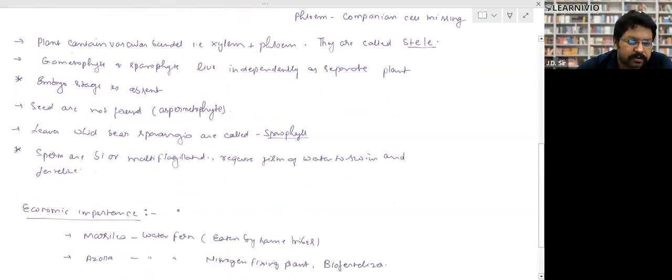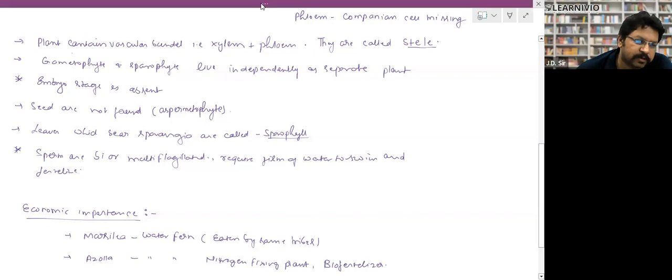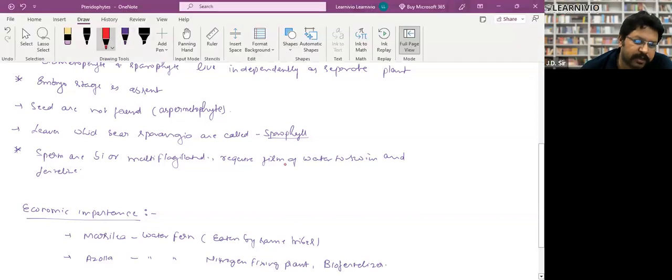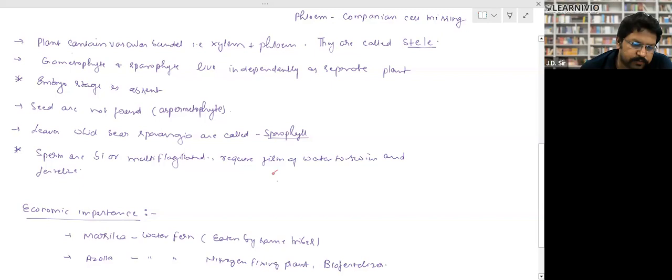Sperms are, so their sperm look like this way. The sperm of the pteridophyte, they look like this way. And sometimes they have very large flagella and two flagella, right?